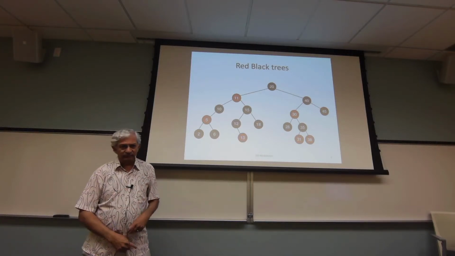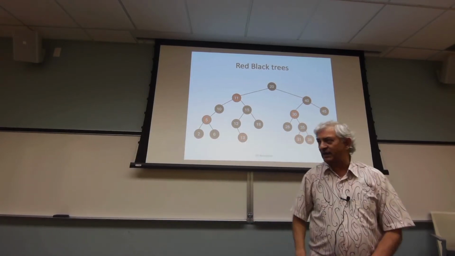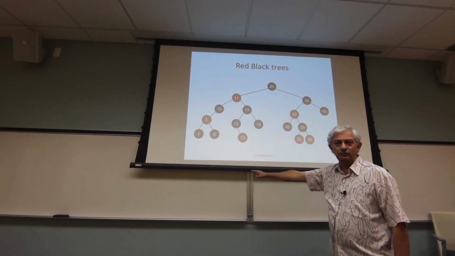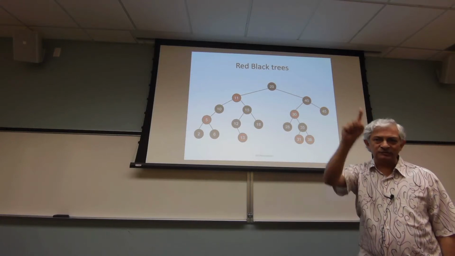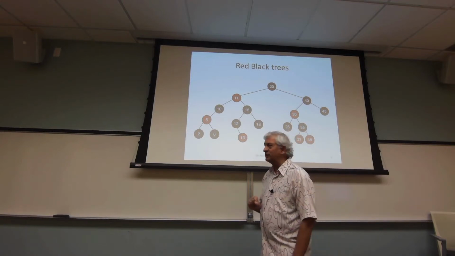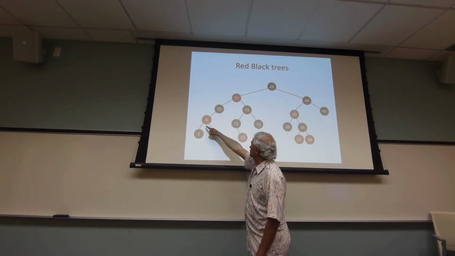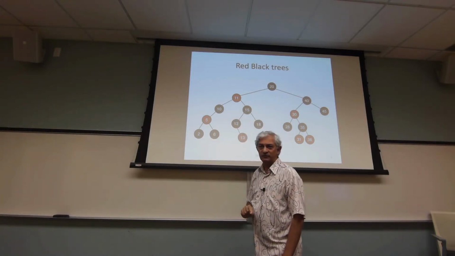Then finally, the last and most important property is that if you start at the root, and make your way down to some leaf of the tree, then every such path will encounter the same number of black nodes. So if you start at 20, and take the leftmost branch, you would encounter 1, 2, 3 black nodes.